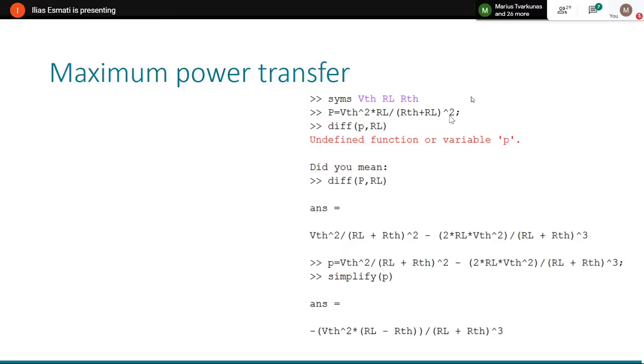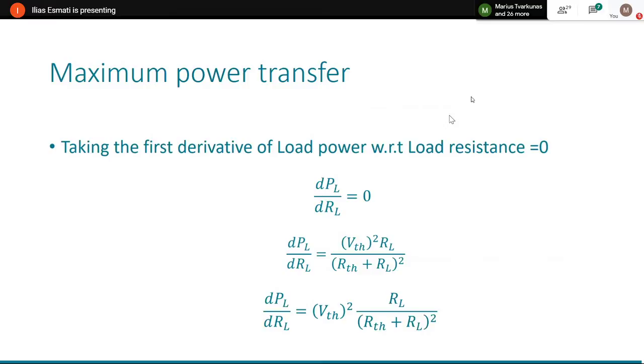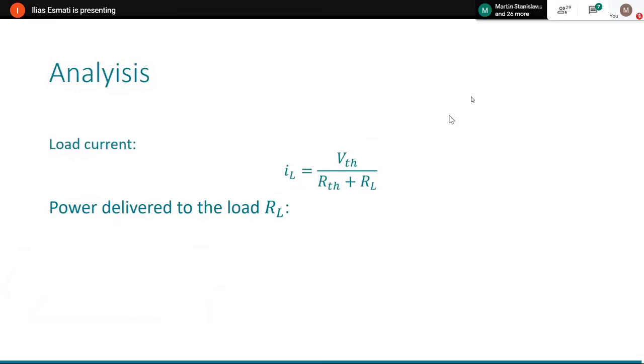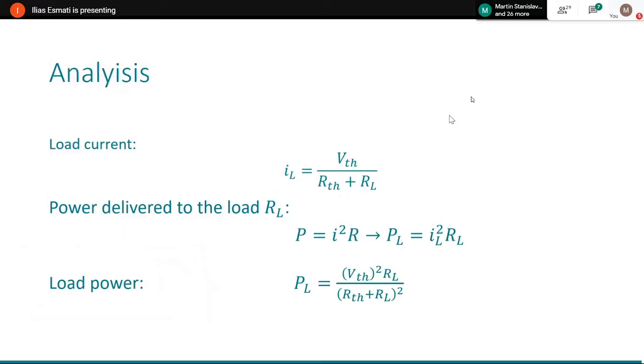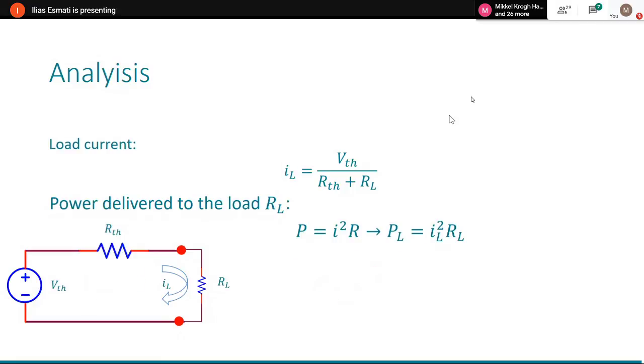So this equation came from what? It came from applying a small analysis. We found the current, and we want to know what the power was to this load. Nothing else. I'm sure all of you are able to get this equation from this source and two resistors.